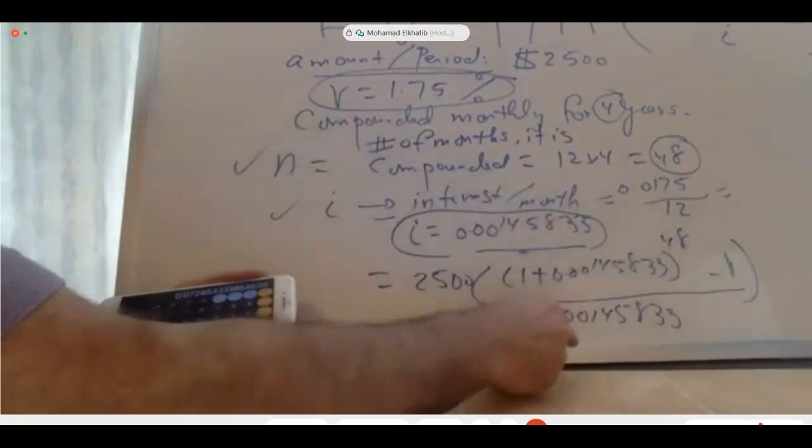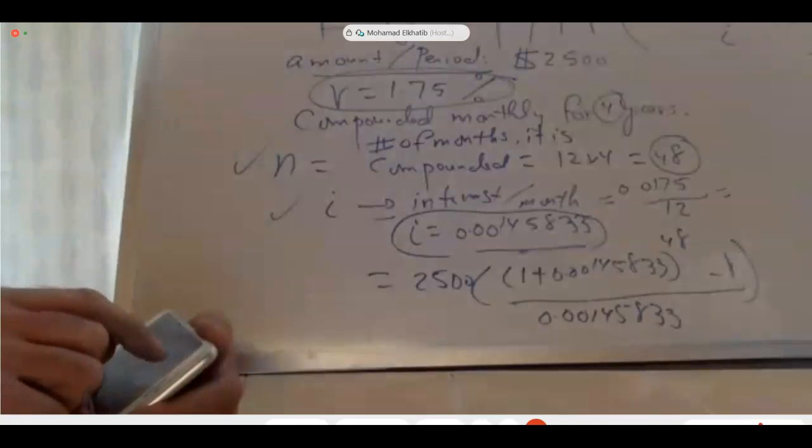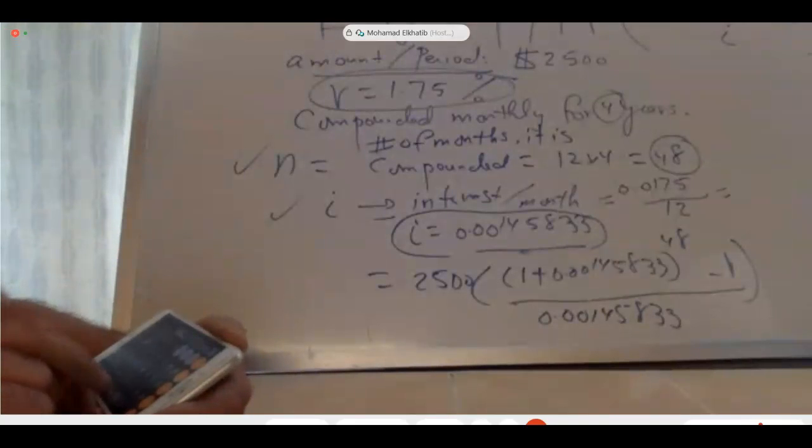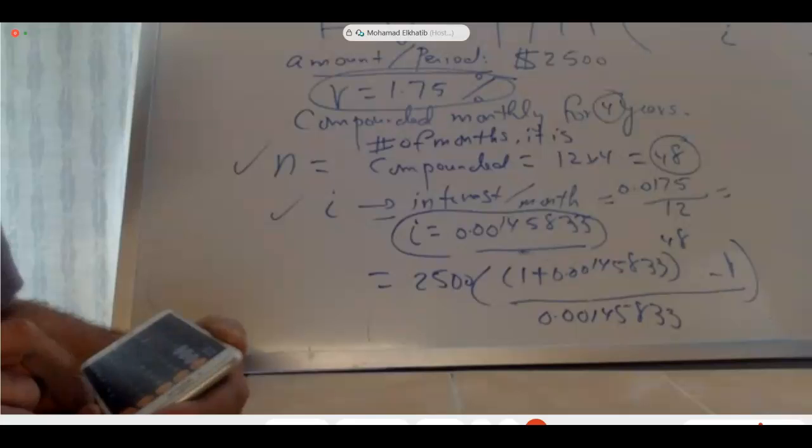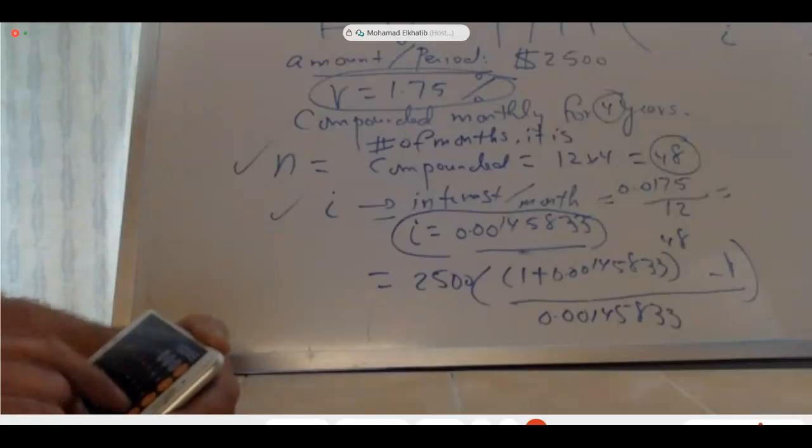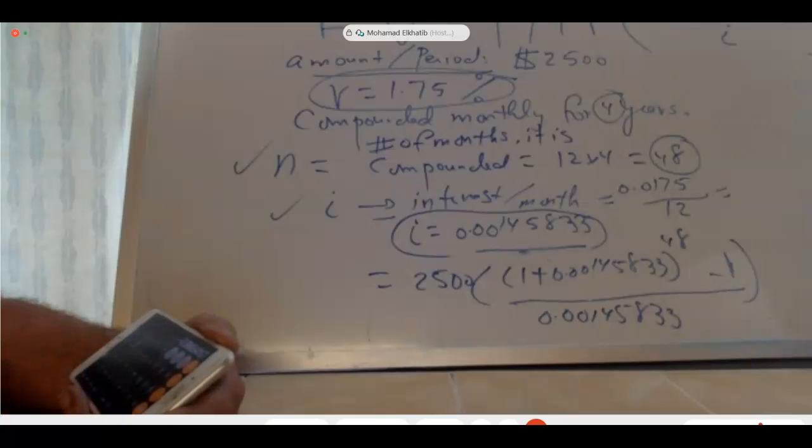Now you divide by this number. Divided by 0.00145. Don't skip any number, class. 833 equals.